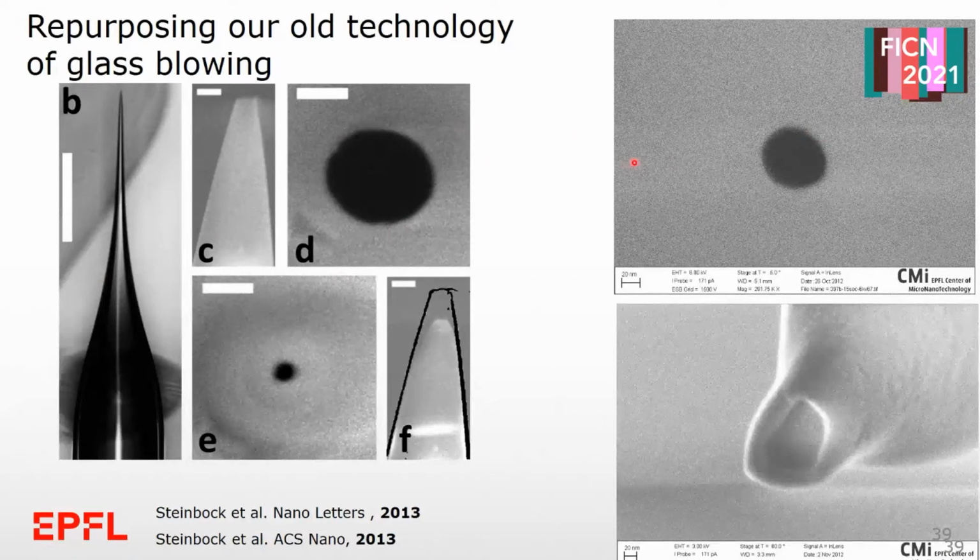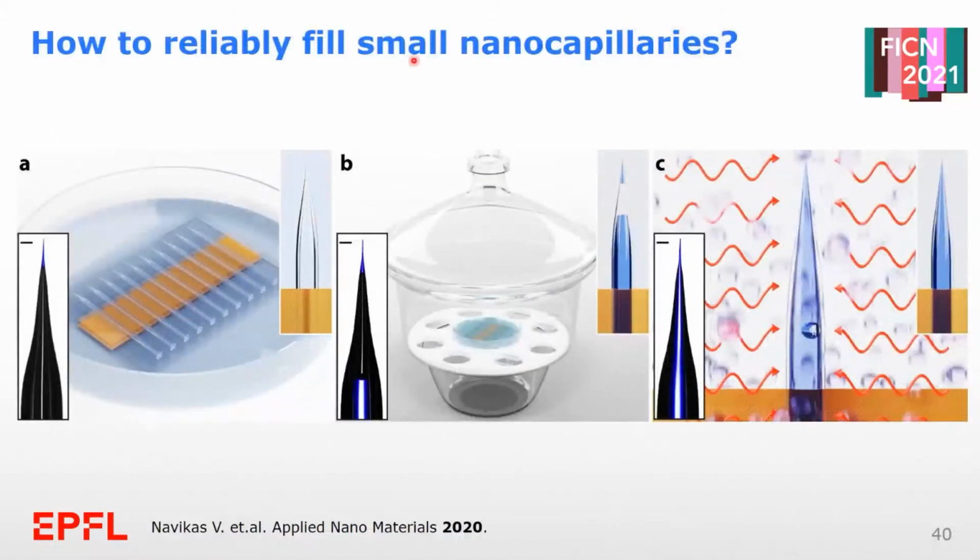Again, this was all nice, but having them reproducibly filled was one of the problems, which we tackled in a very cheap and inexpensive way, using a desiccator that we placed in a microwave. By applying short pulses of microwave radiation, we could expel these large and small bubbles from our capillaries.